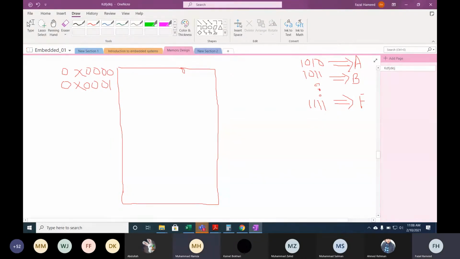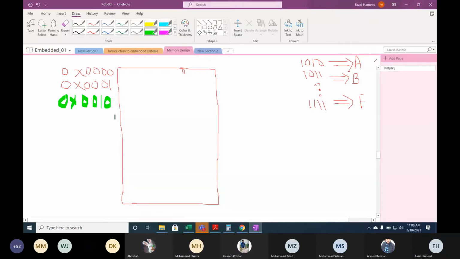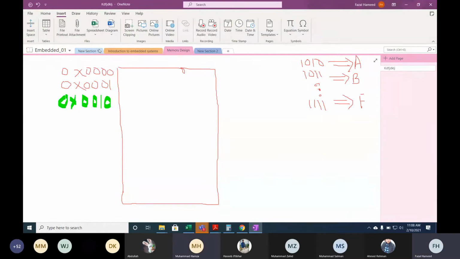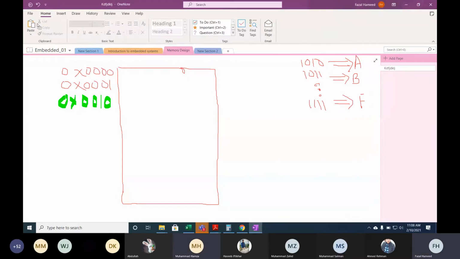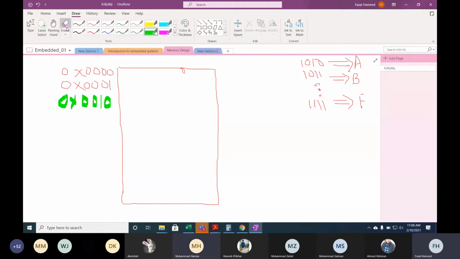And what is the next address? 0x0002, because it is hexadecimal representation.